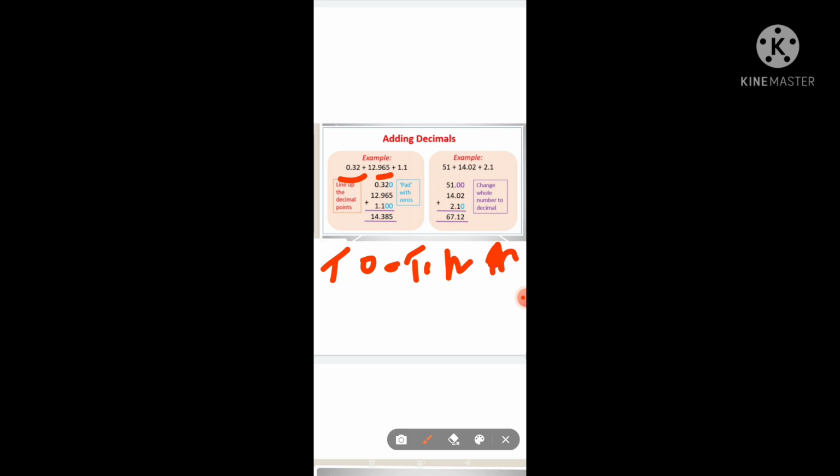Before we add or subtract, you should write the place value. They don't write it, so I have to write and explain here. You should write the place value: tenths, hundredths, thousandths, likewise. So tens and ones, the decimal point, then tenths, hundredths, thousandths.